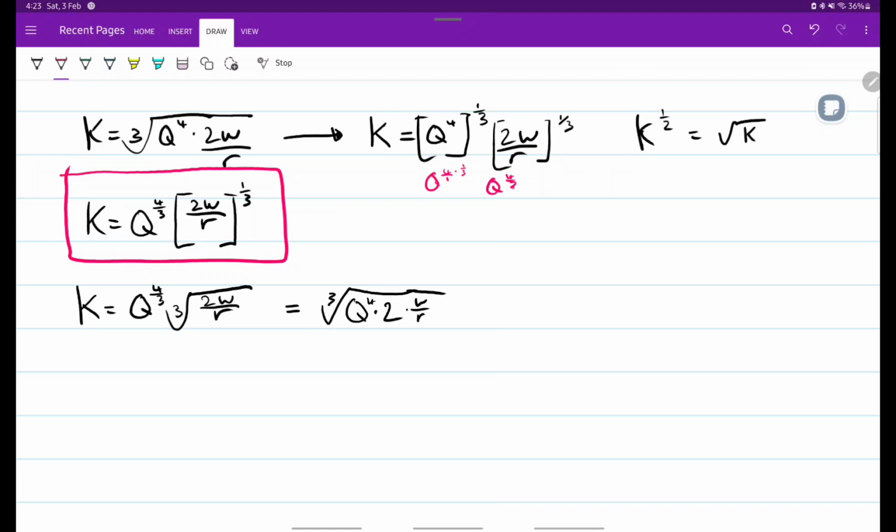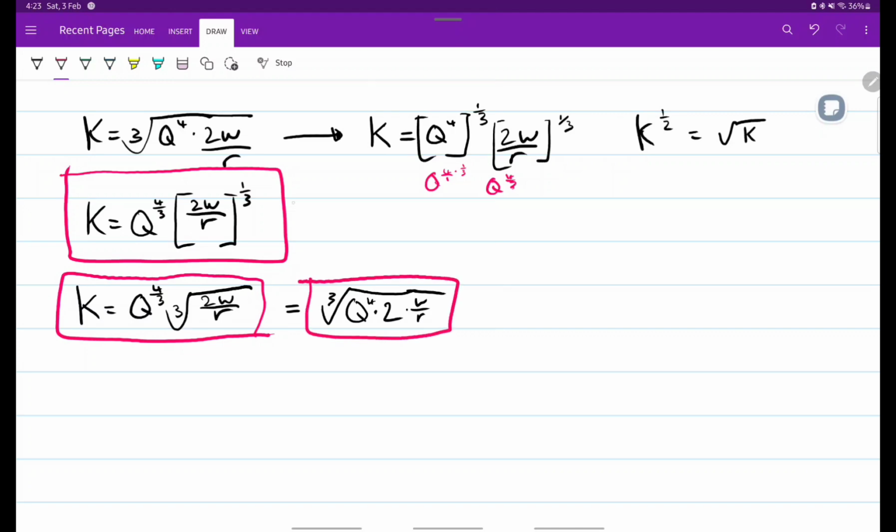So they're all the same expression. I've just put this back into terms of what the original equation was.